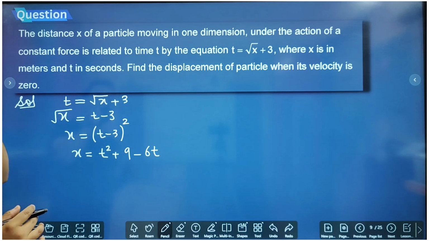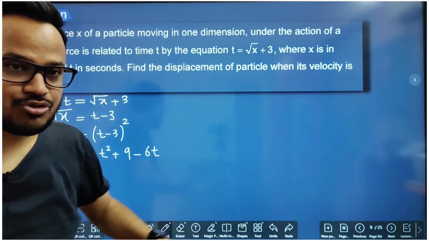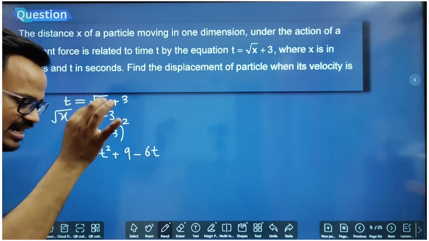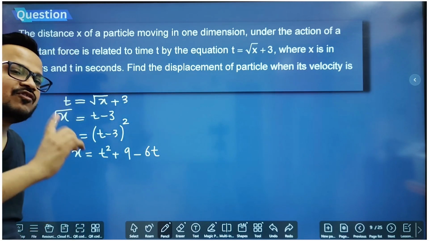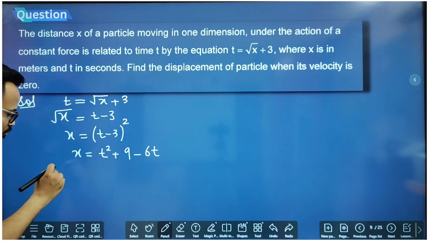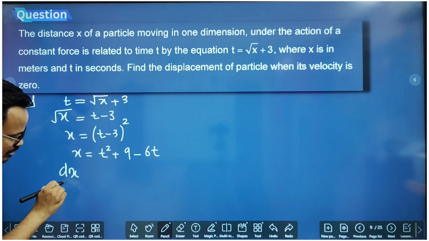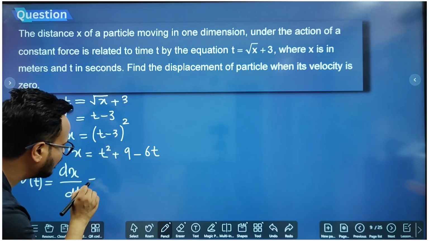Now we are supposed to find the displacement of the particle when velocity is 0. We have to find the displacement at that instant when the velocity is 0. First we will find that time, right? What is the velocity? Velocity is the derivative of x with respect to t. Velocity function is the derivative of displacement function with time.